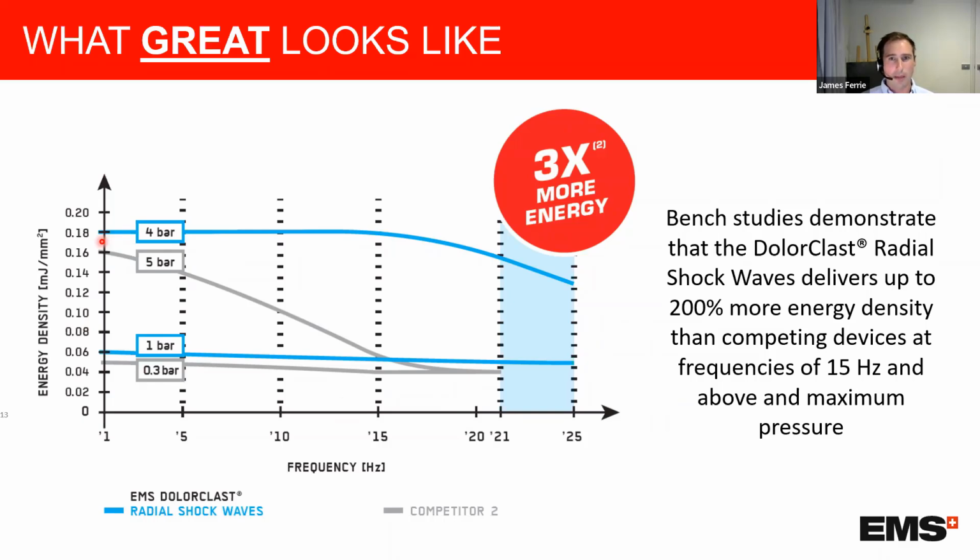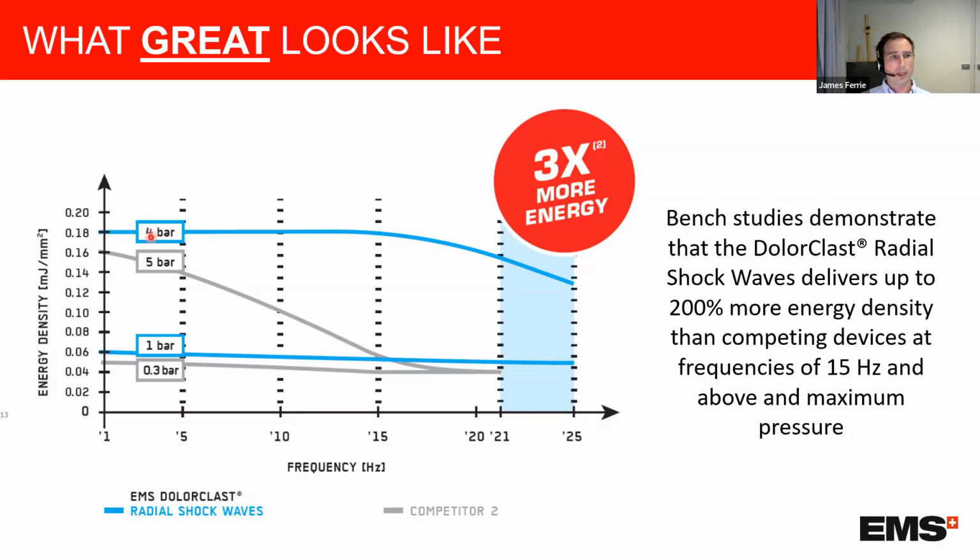It doesn't really matter about the brand. The parameters are exactly the same. When it comes to shockwave, the engineering is different between different devices, and that ultimately affects the energy output at the end. So even though you might be using a device that goes to 5 bar, the differences in compressors have an effect on the amount of energy that's delivered to the patient. And ultimately, that's the important part.